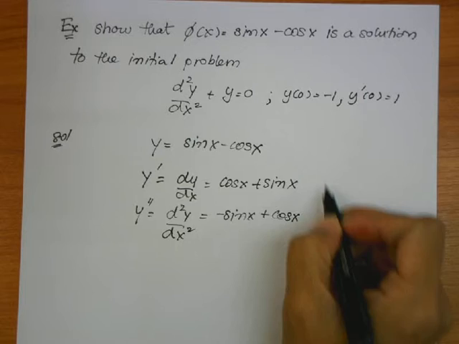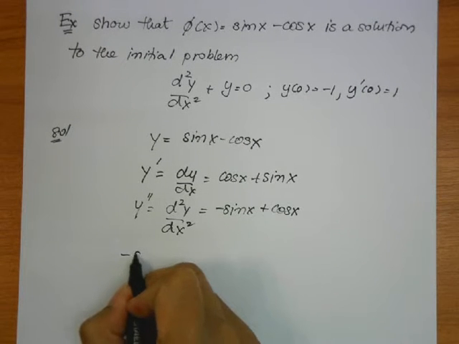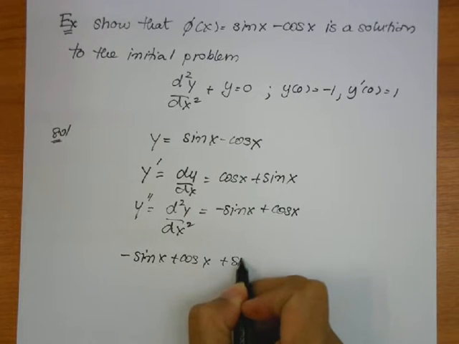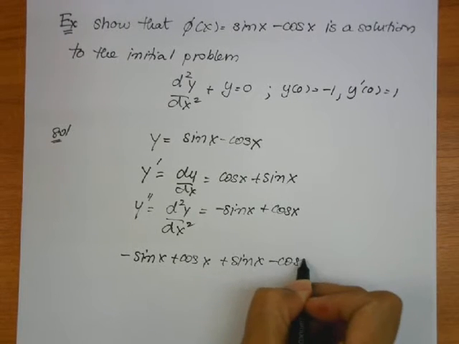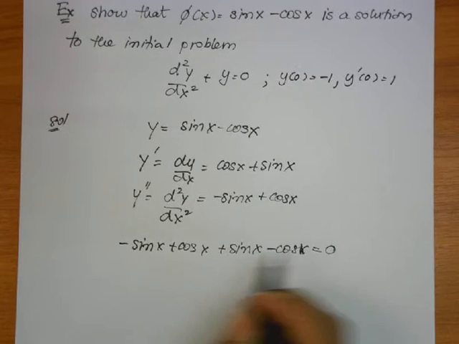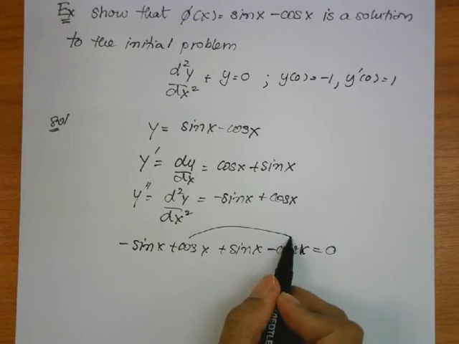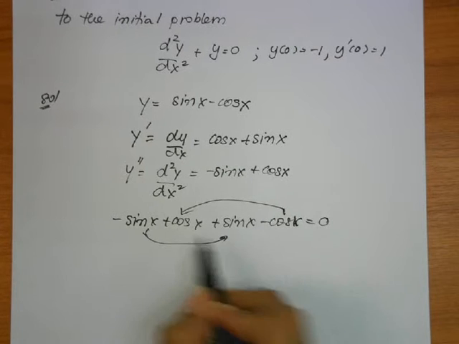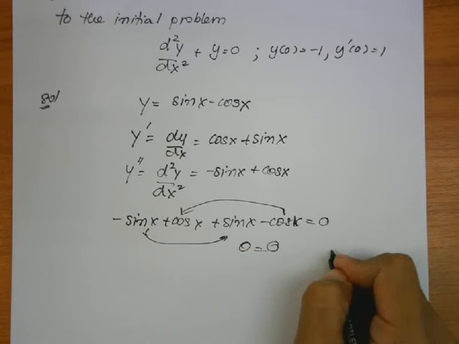And then you just plug in there, you would get cos x minus cos x equal to 0, minus sin x plus sin x equal to 0. So we would get 0 equal to 0, which is satisfied.